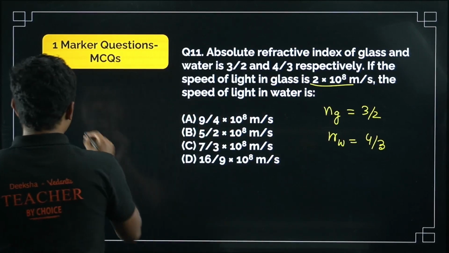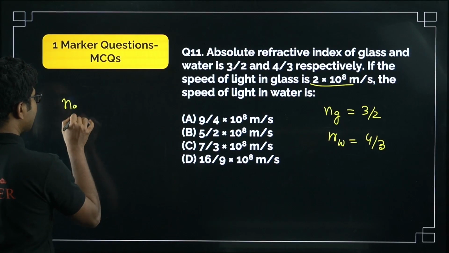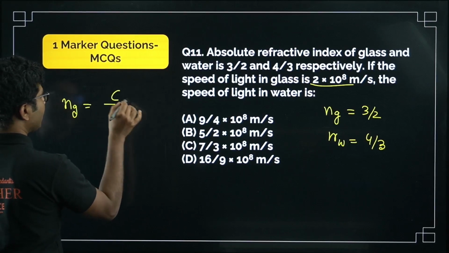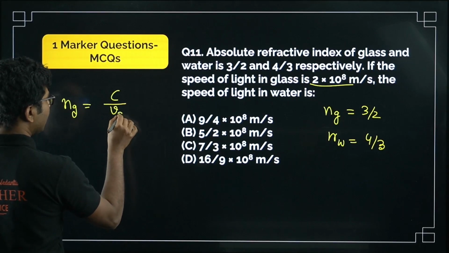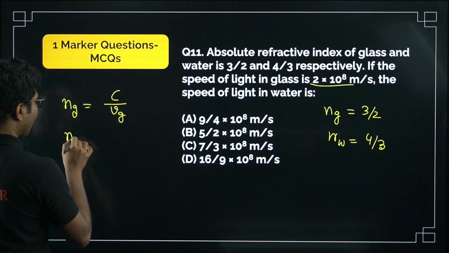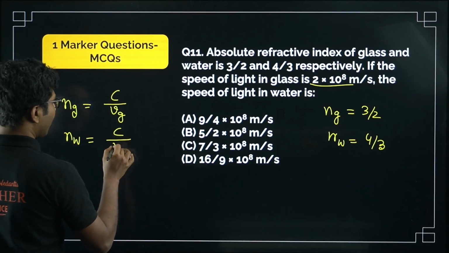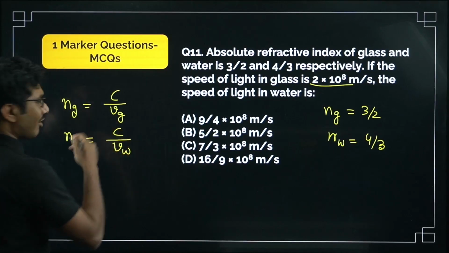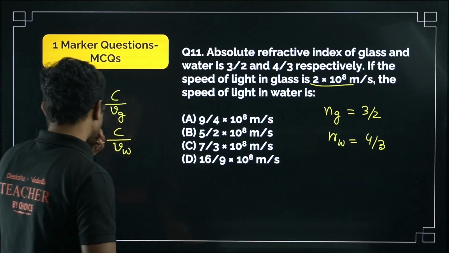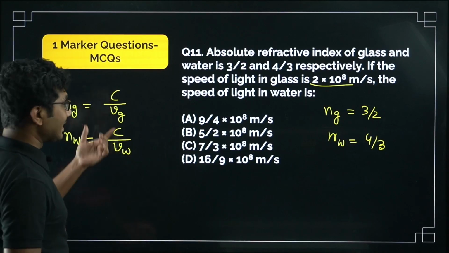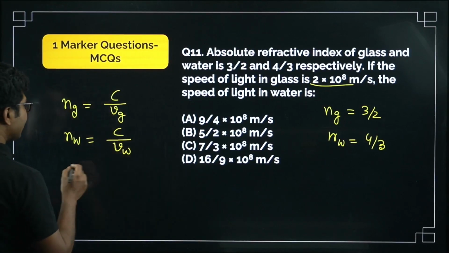We know that Ng is the speed of light in vacuum divided by the speed of light in glass, and Nw is the speed of light in vacuum divided by Vw. Now C is not given. You can use that as well, but since we have been given Vg, let's use that.